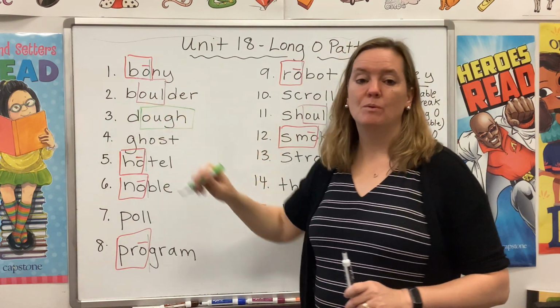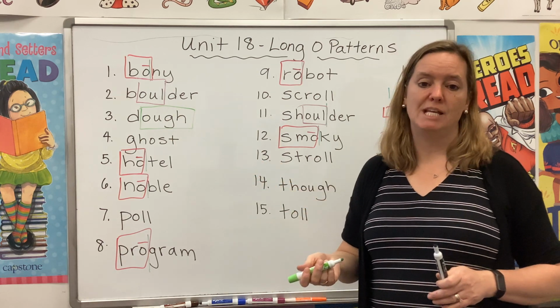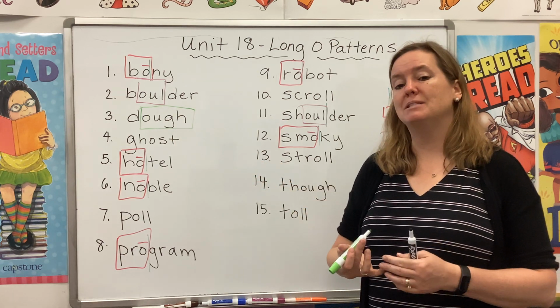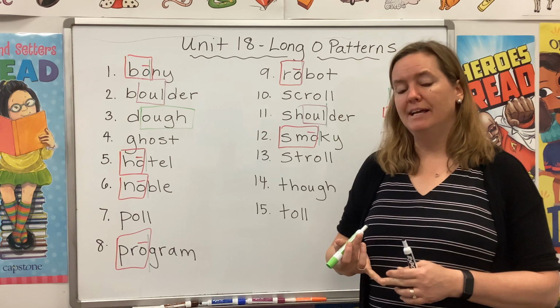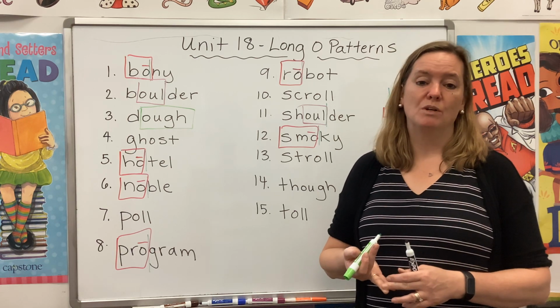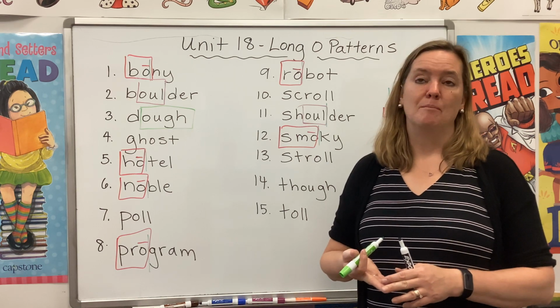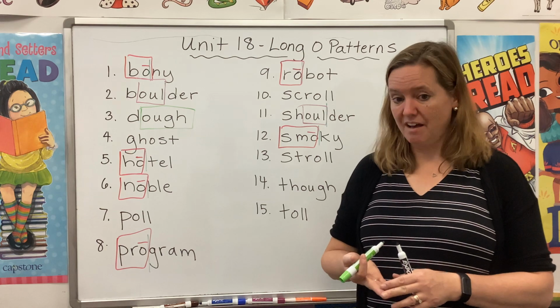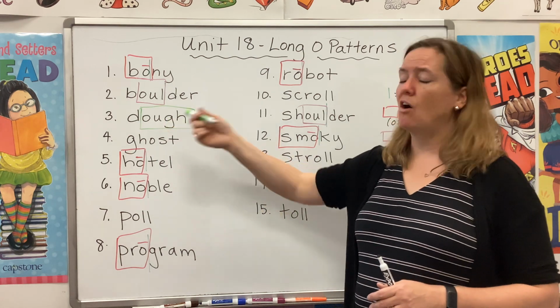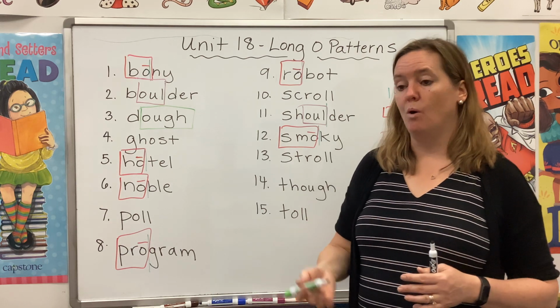Another pattern that's really important and really confusing is the O-U-G-H. In our language, there are 6 different ways to pronounce that O-U-G-H sound. Sometimes it says aw in words like bought. Sometimes it says ooh in words like through. Sometimes it says uff in words like tough. But in our list this week, it's saying O. It's making the long O sound.